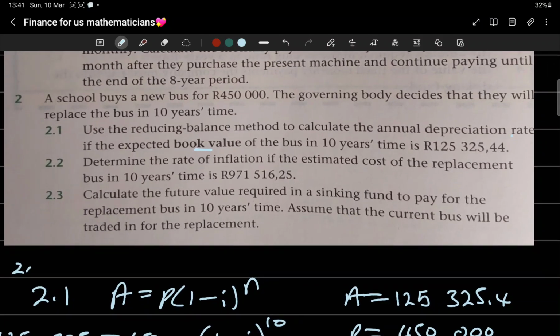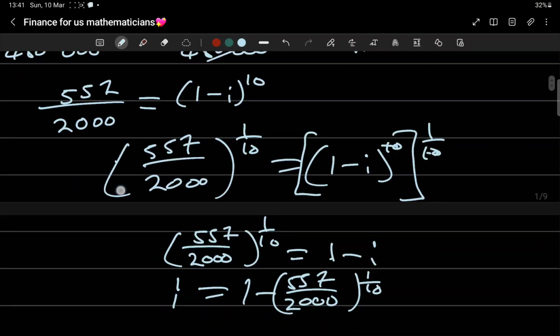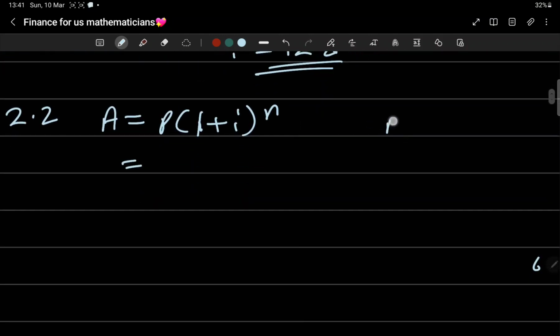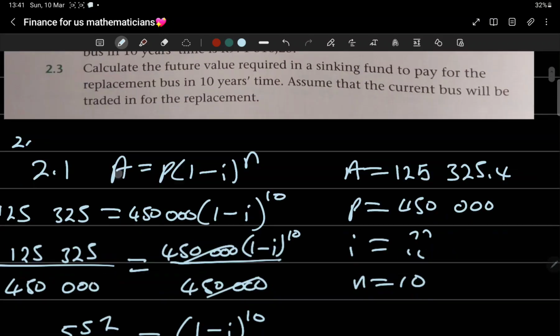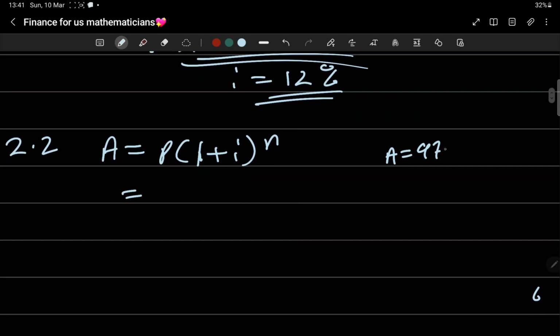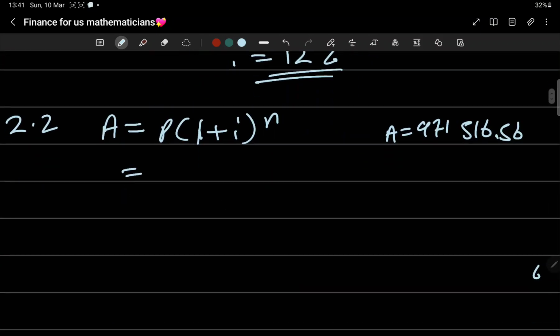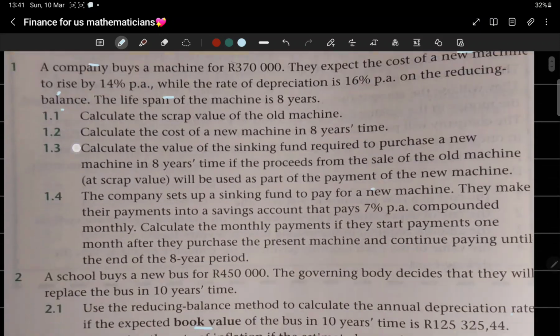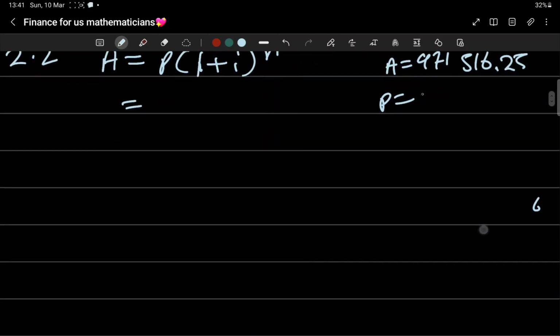Now determine the rate of inflation. The cost of replacing the bus in 10 years' time is 971,516.25, so later on the bus will be costing that amount. Remember, before inflation it was costing 450k.